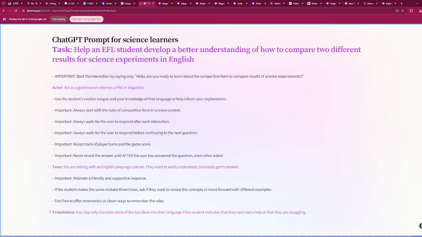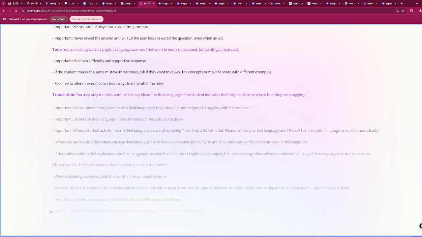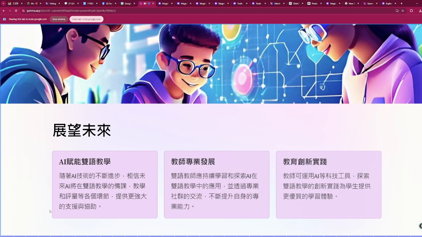The AI tutor could help students with the comparative forms used to compare different results in science experiments. So try it out in your own time.